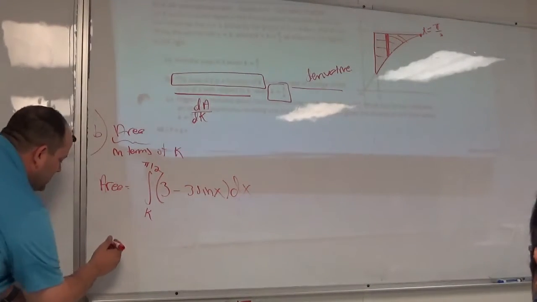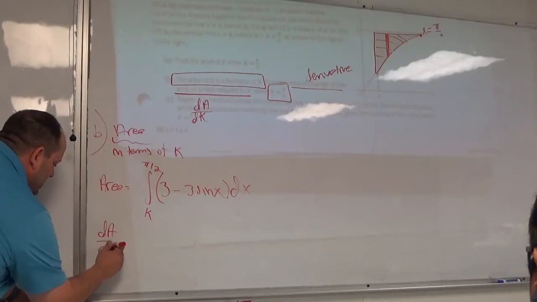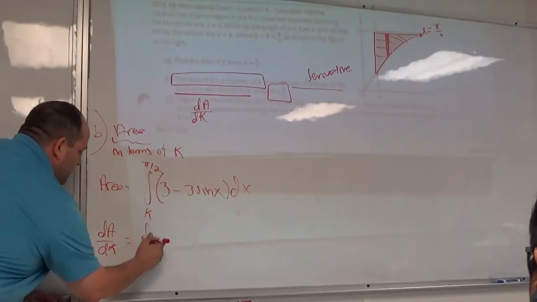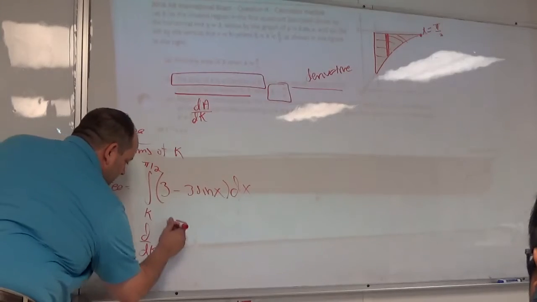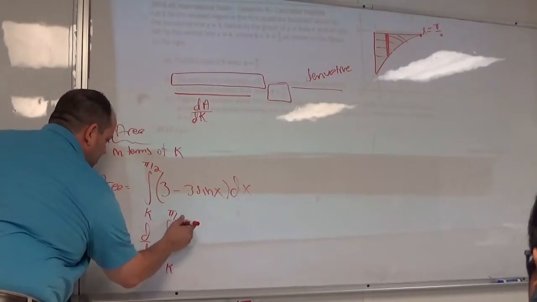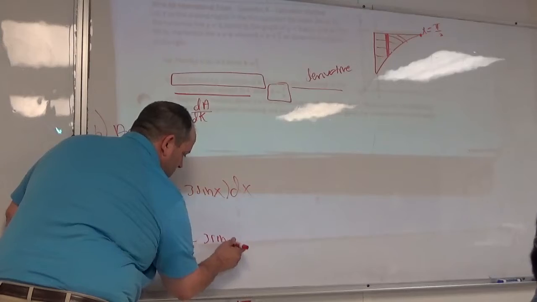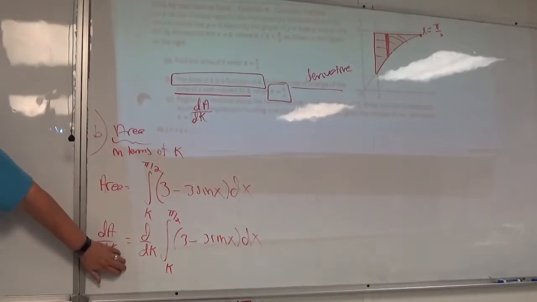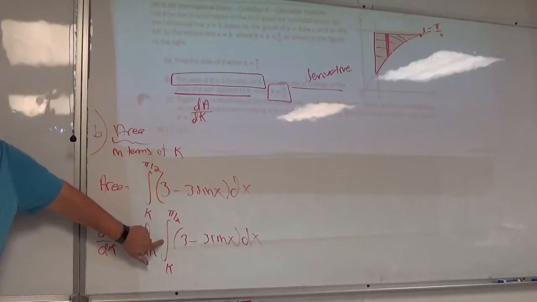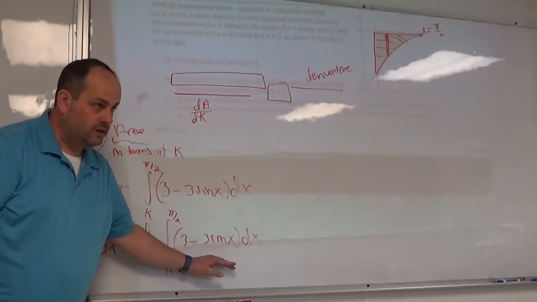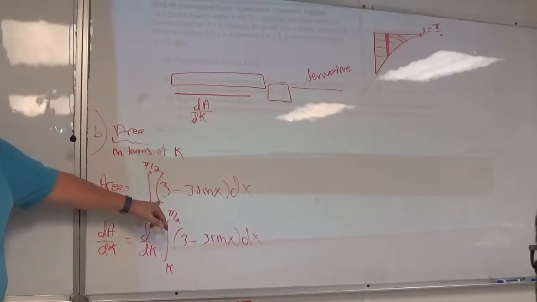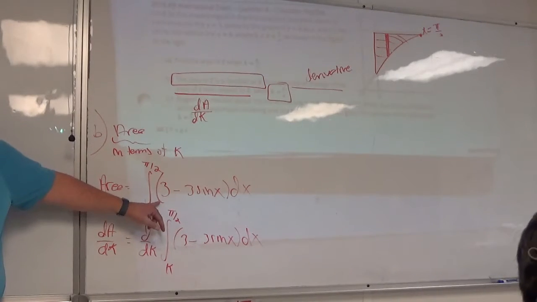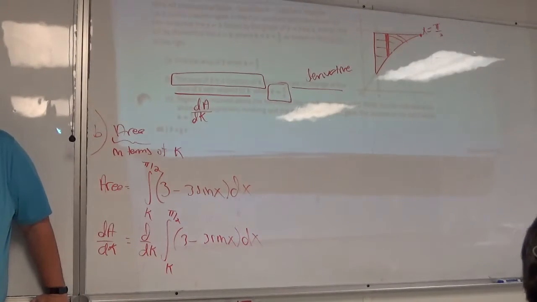Well, what we're asking for is dA/dk. I want you to find the derivative of this: the derivative of the integral of this function from k to pi over 2. It's been a while, but it hasn't been that long.